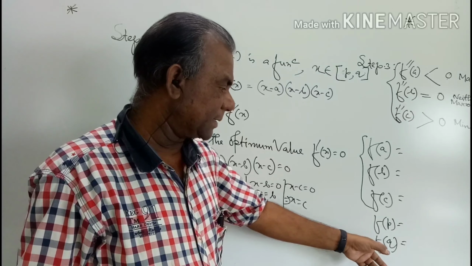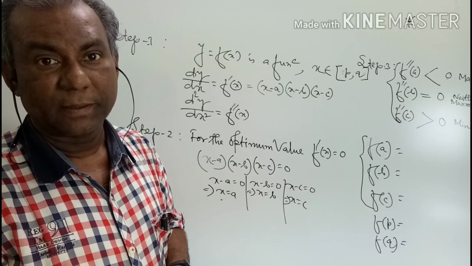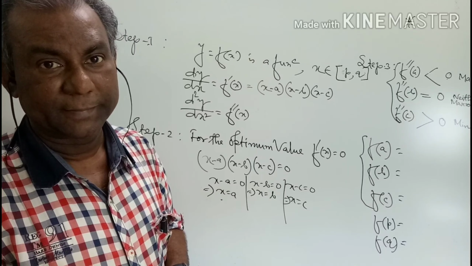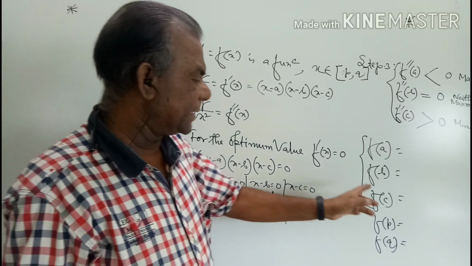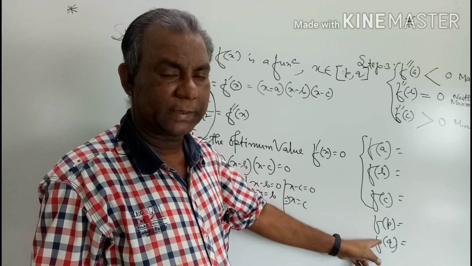And F(Q) is the least one, so F(Q) is the global minimum. But it is not necessary that it will be the greatest one or the smallest one.